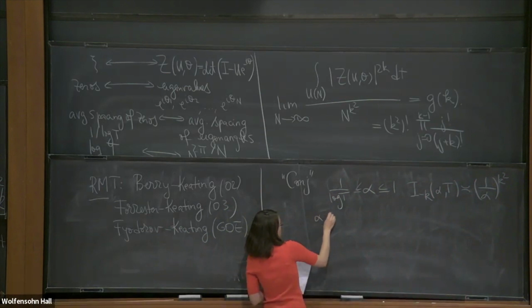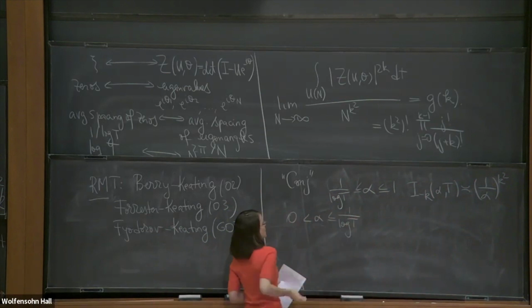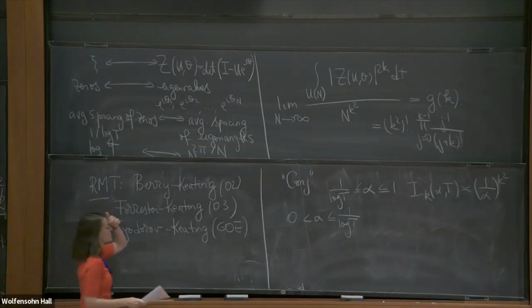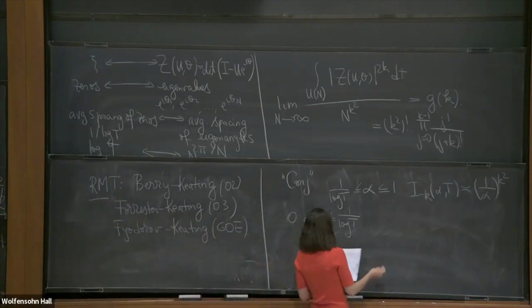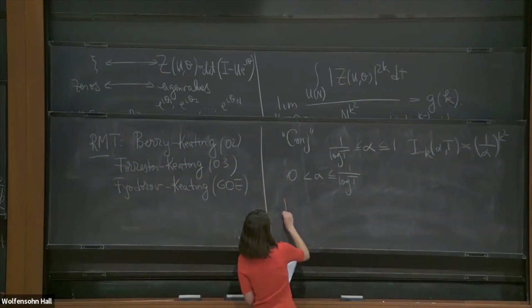Now, if alpha is small, then the conjectures agree up to 3/2, and starting with 3/2, they disagree. So we will write it the following way.